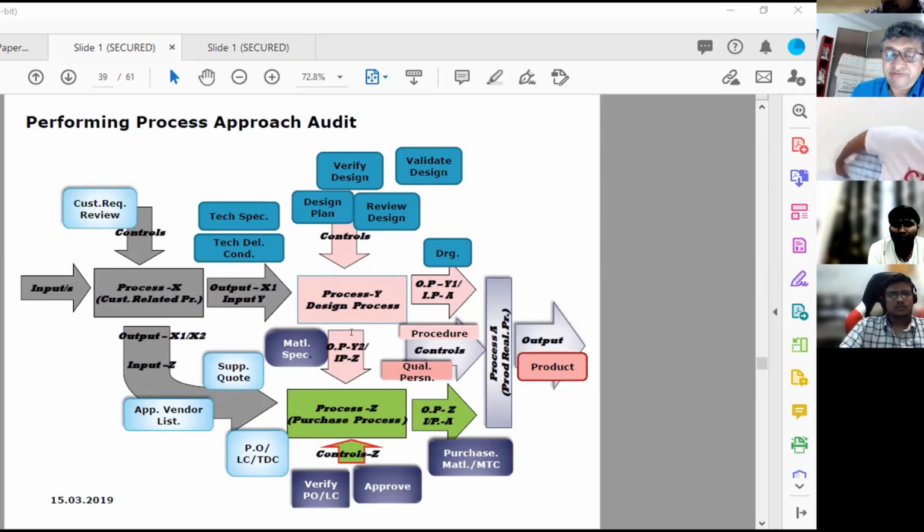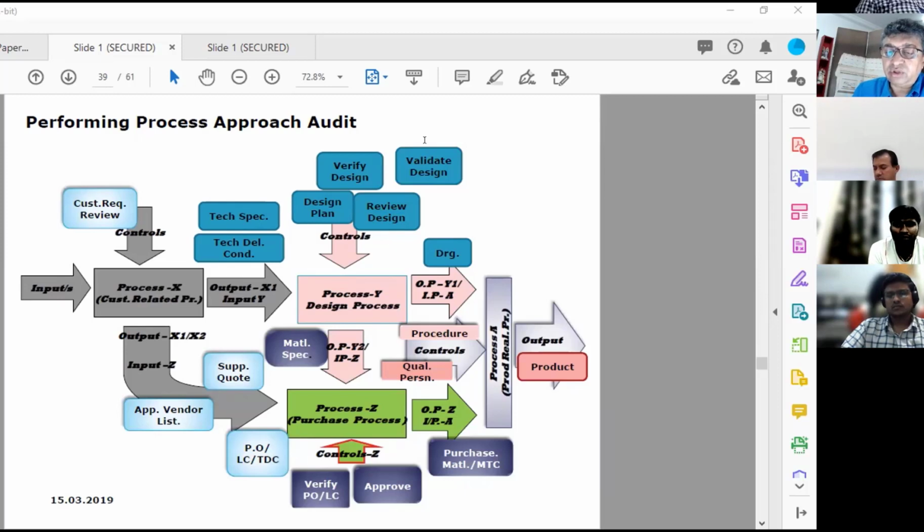Now, design review may have more inputs, not necessarily from the previous process, but from other sources. These are information for a process. So technical delivery condition, technical spec, these things could be the output of the previous process, which can become input for the design process.